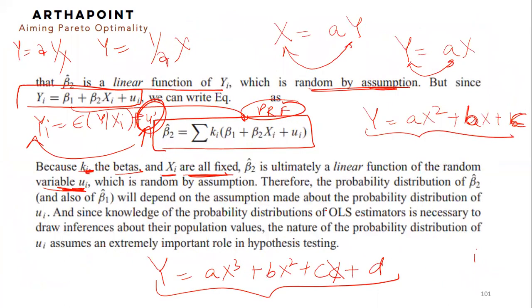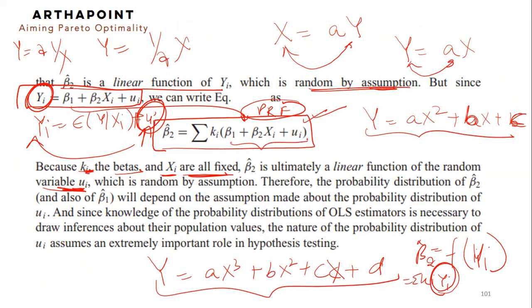If I go back and look at this, I've replaced my yi. I said beta 2 hat is a linear function of yi. In fact, it is summation ki yi. It's a linear function of yi. I replace this yi by its PRF. In the PRF, beta 1, beta 2 are fixed. Xi obviously is fixed. It's non-stochastic.